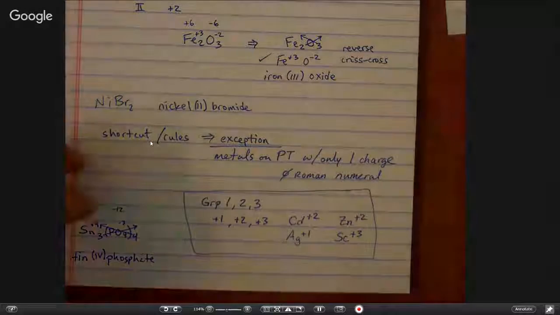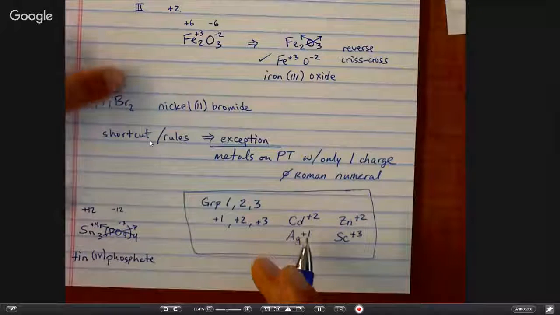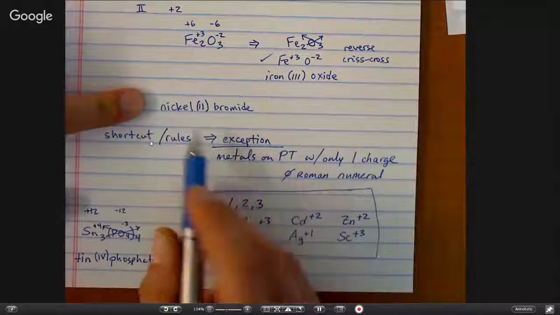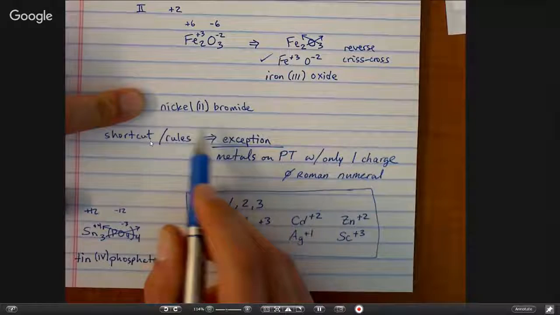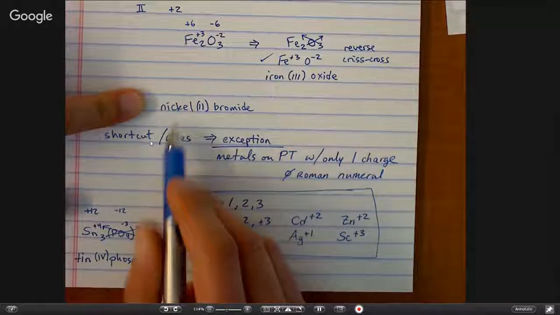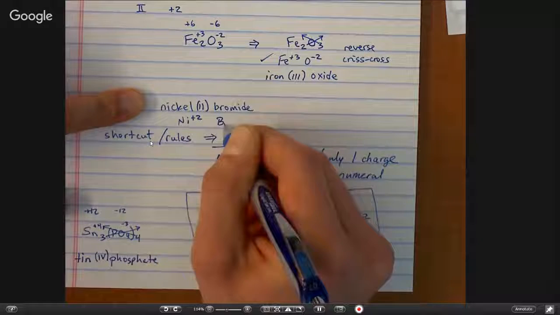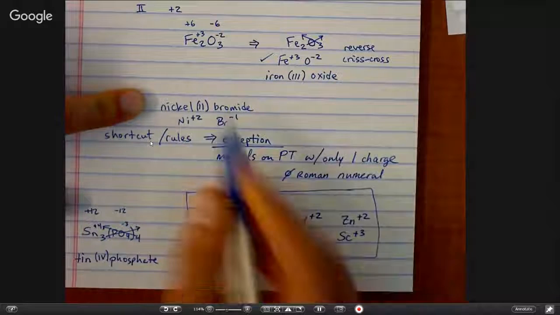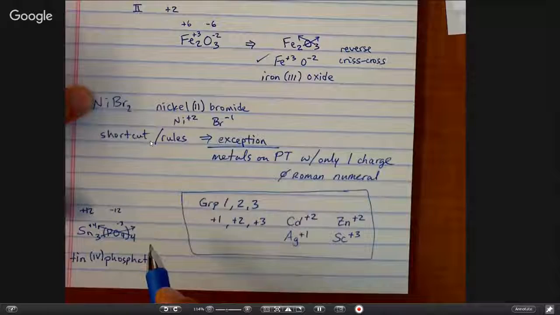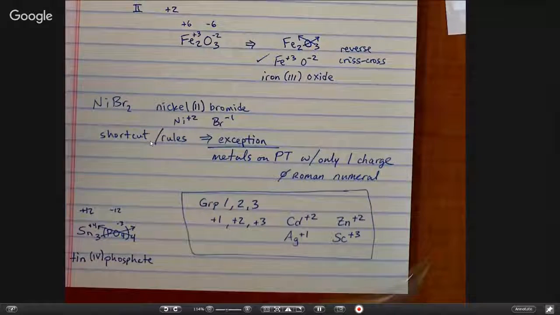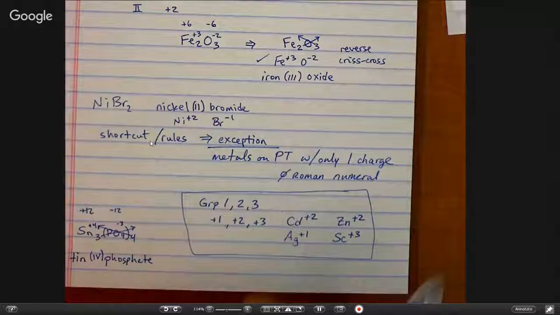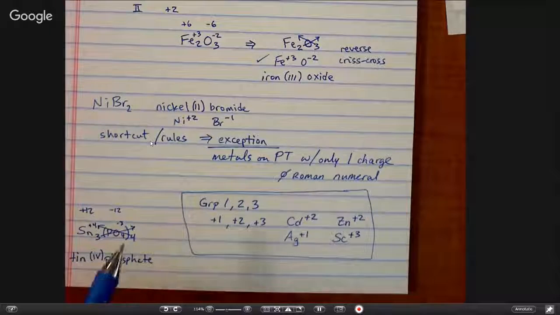What's nice too, real quick, is if we go back to this example, if I gave you the name nickel 2 bromide, what that would tell us is that nickel is a +2, and then bromide we'd have to figure out as being a -1, and then we could crisscross to get the correct formula. So you will have to go back and forth. You have to go from formula to name and name back to formula.